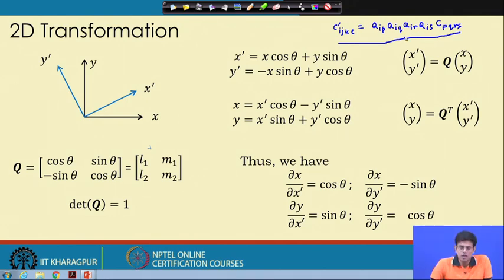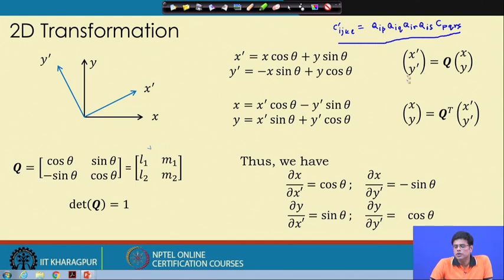So let us start with 2D transformation. We know 2D transformation from plus 2 level itself. If I rotate the x y axes to x prime y prime, we can write x prime equals x cos theta plus y sin theta, and y prime equals minus x sin theta plus y cos theta.